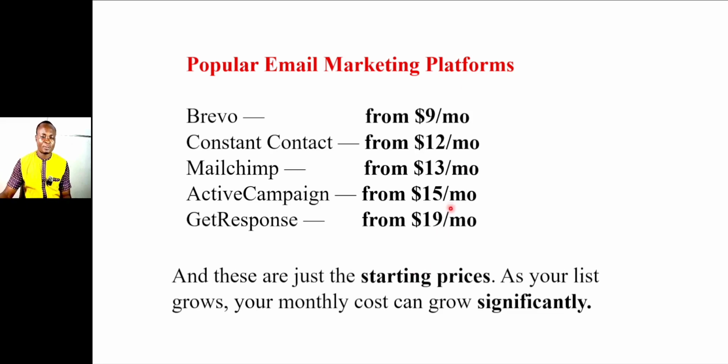What it means is that as your list is growing, you are paying more. I think this is one of the reasons many people do not really want to go into email marketing, because your price will keep on increasing significantly as your list grows.